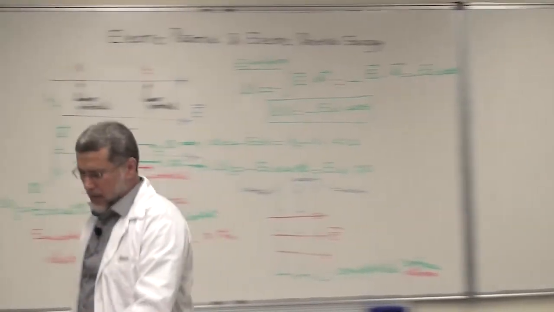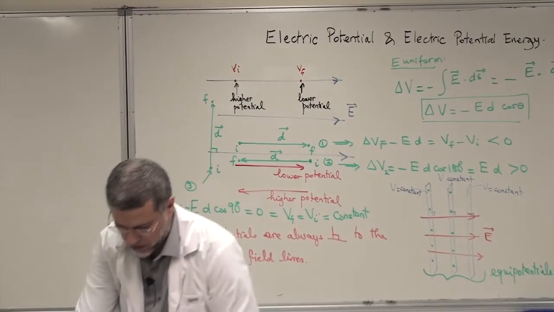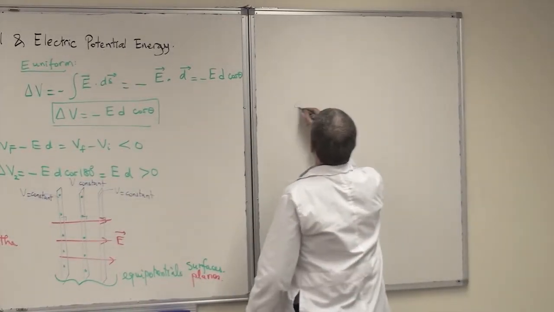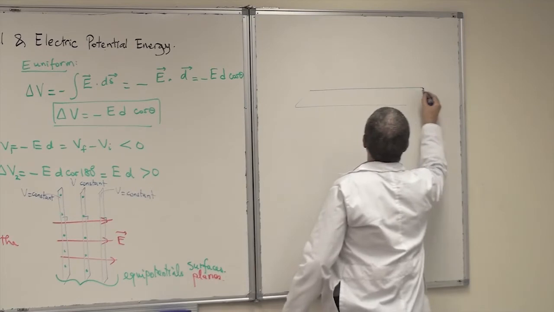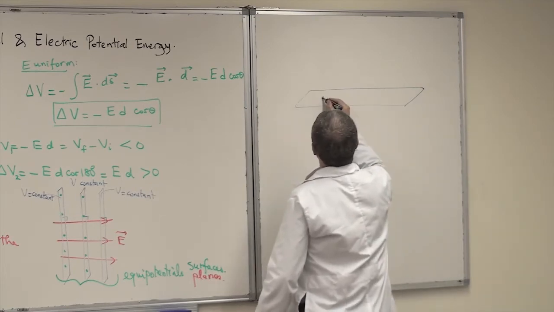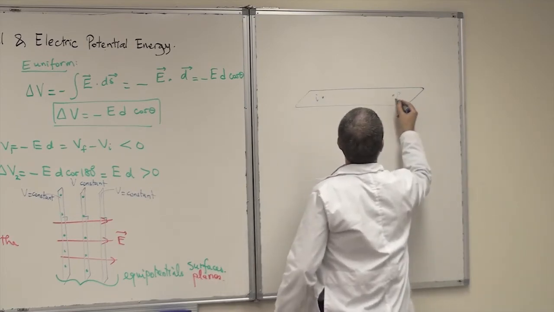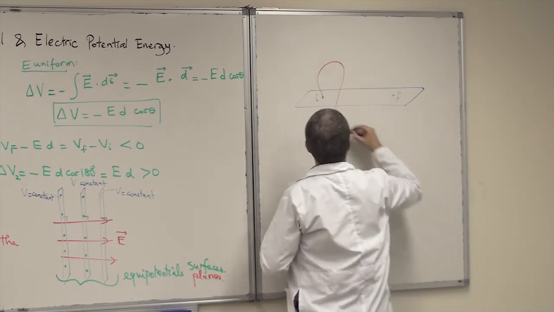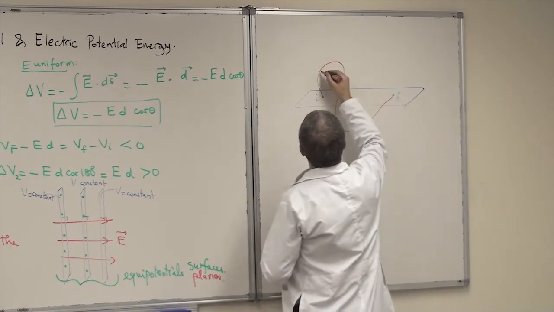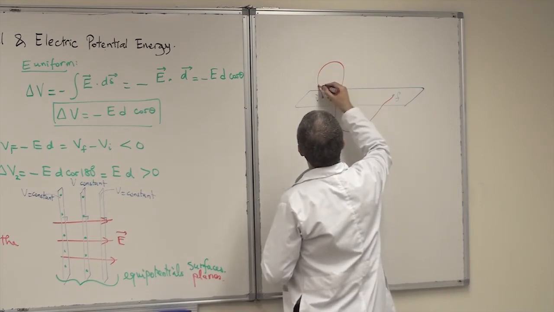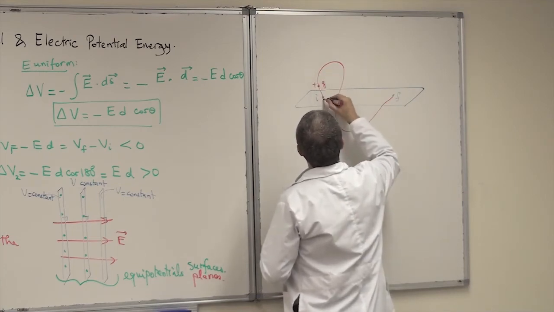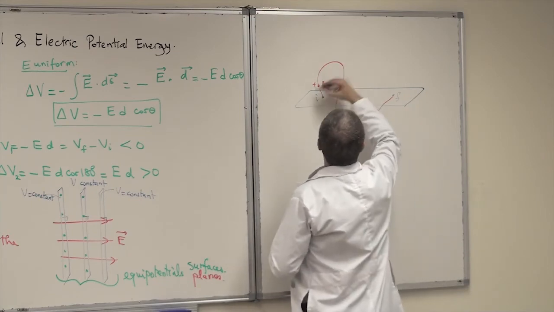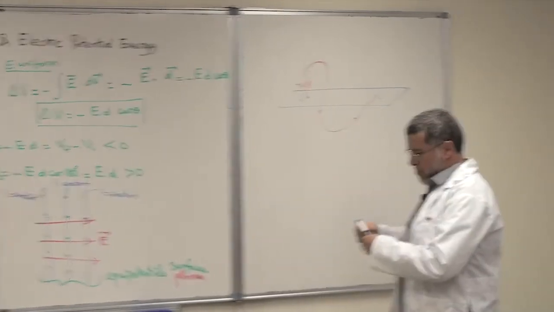If we take an equipotential and discuss, this is my equipotential. Let me draw it like this. I start from here and I go here, and I'm going to move a positive charge Q through this path. This is the motion. So how much work?